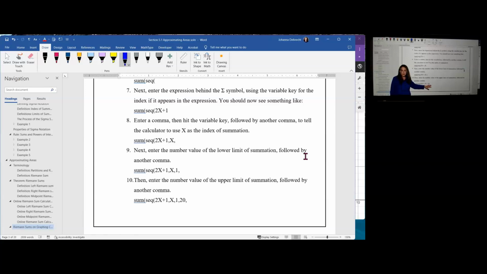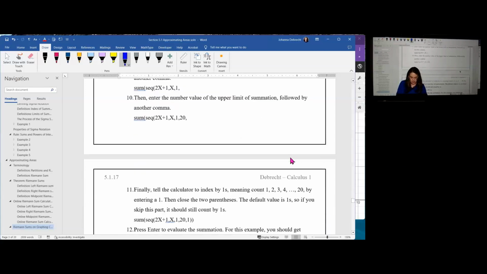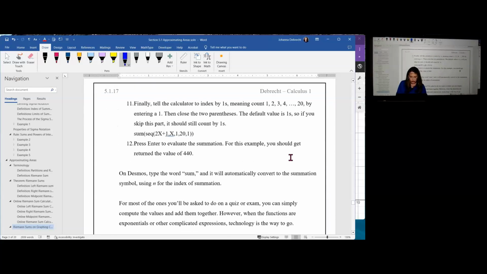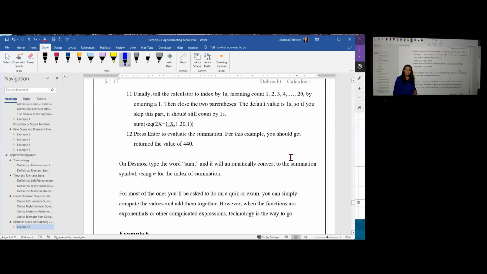If you hit enter at this point, it will assume that you are adding 1 to the index each time, that you're iterating by 1. It does have the option to iterate by a different value by entering it after the upper limit of summation, following a comma. For the example I did, you will get 440.